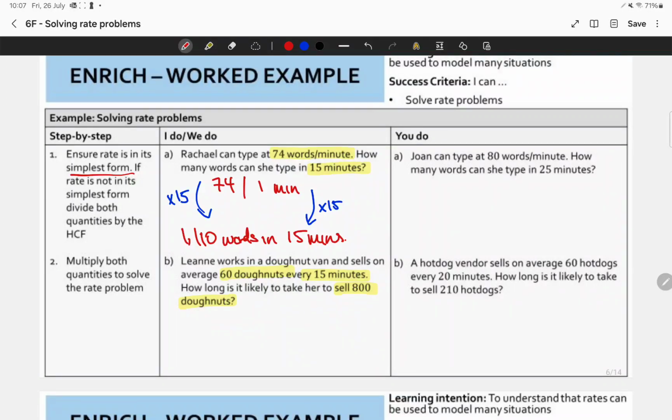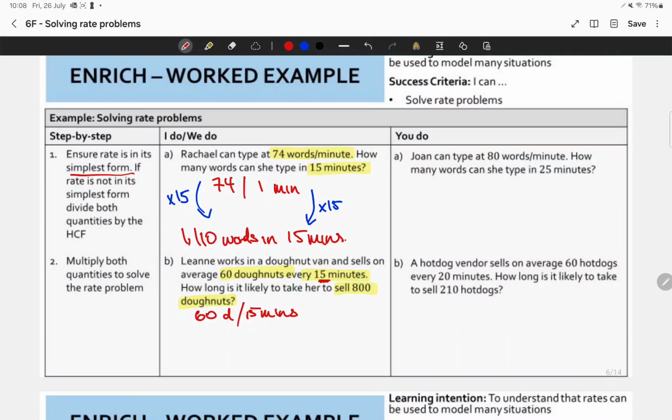All right. Now, for this one, we know that it is not the simplest form because it is every 15 minutes. So we have to make it so every 1 minute. So we go here, 60 donuts, I'll say 60D per 15 minutes.